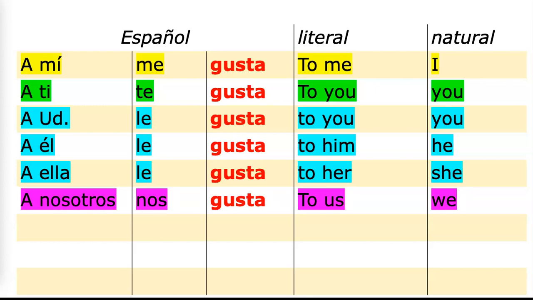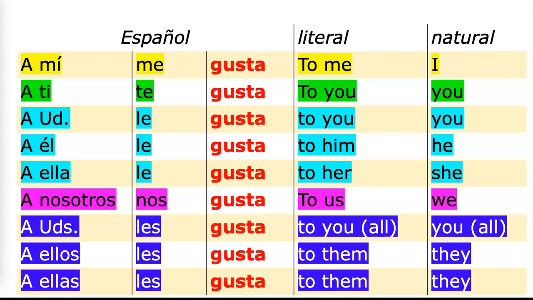A nosotros is to us, and it means we like. And with a ustedes, we're clarifying that les means you all like. A ellos means they, masculine or mixed group. A ellas les gusta means they, all feminine group, like something.